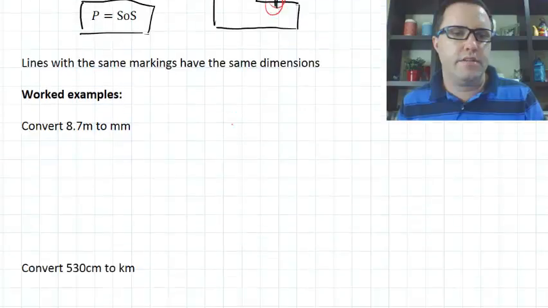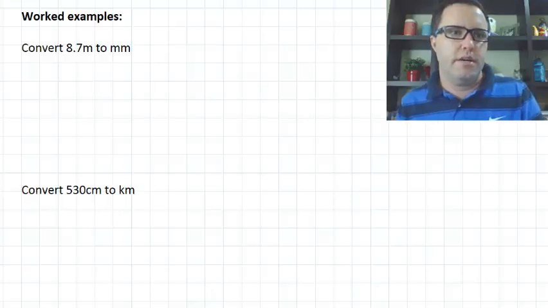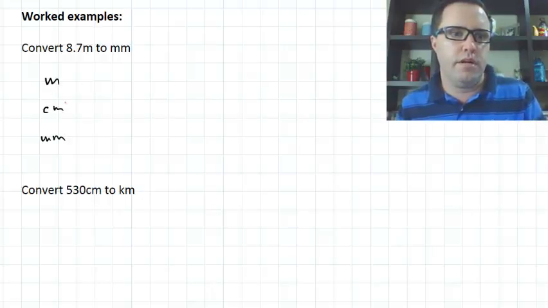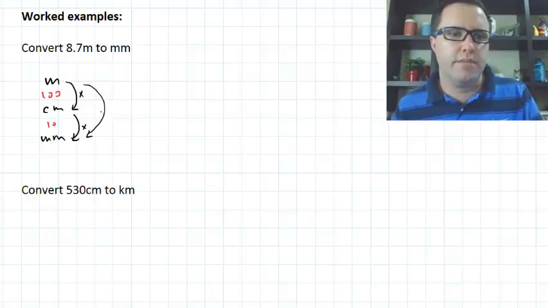All right, let's have a look at some worked examples then. We're going to convert 8.7 meters to millimeters. Remember we had meters, centimeters, millimeters, and it was 100 then 10. Now to go from meters down to millimeters, we could multiply by 100, then multiply by 10. Or you could multiply by 1,000, skipping the whole thing, so multiplying by both of them at once.